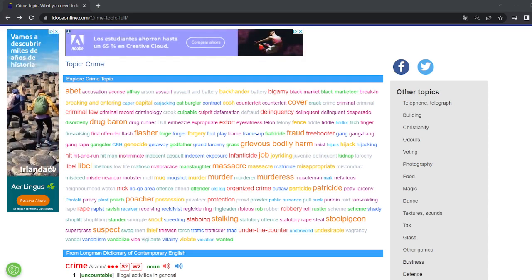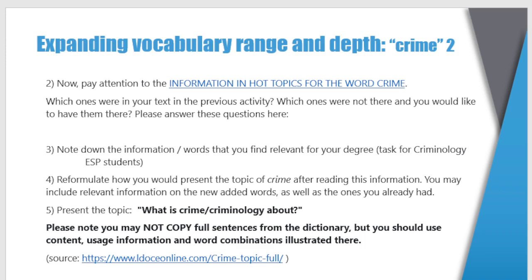So as I said, they are asked to pay attention to the topic crime, and the question that they are asked is which of these words did you include in your short text that you wrote at the beginning of the task, which ones were not there and you would like to have them there because you think they are important words. And then they are requested to note down the information or the words that they find relevant for their studies, for their degree.